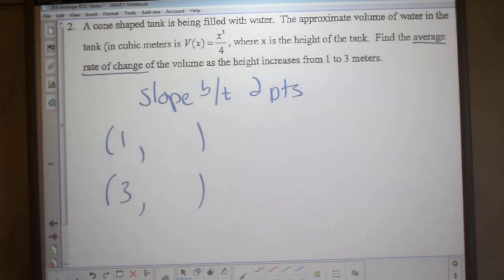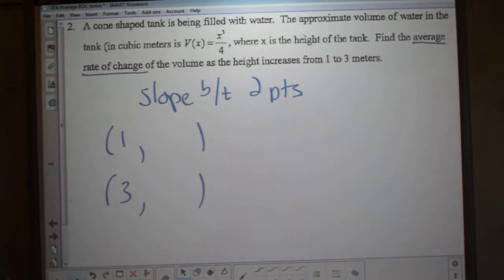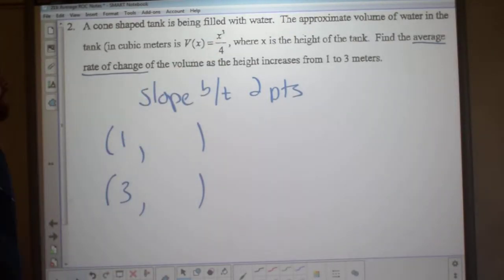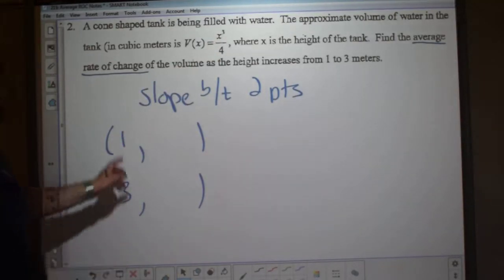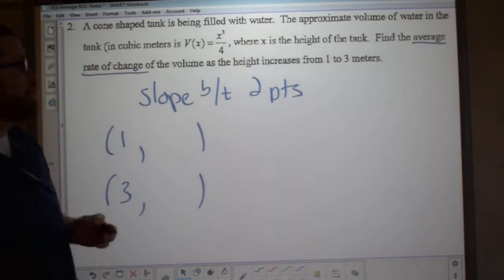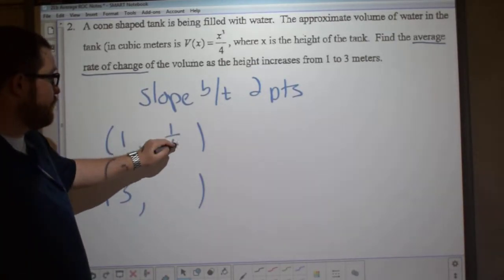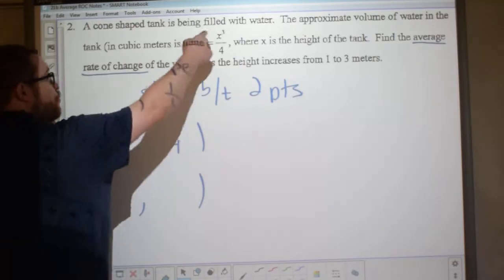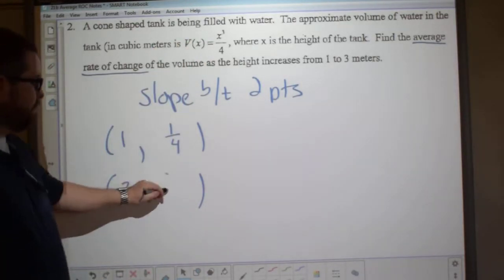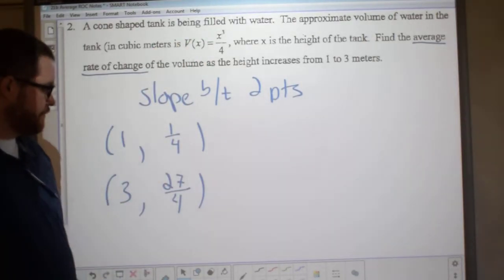How do I find those y values? I'm going to plug it back in. This one's easy enough I can do it in my head. Plug in 1: 1 to the third is 1, over 4 is 1/4. 3 to the third is 27 over 4.